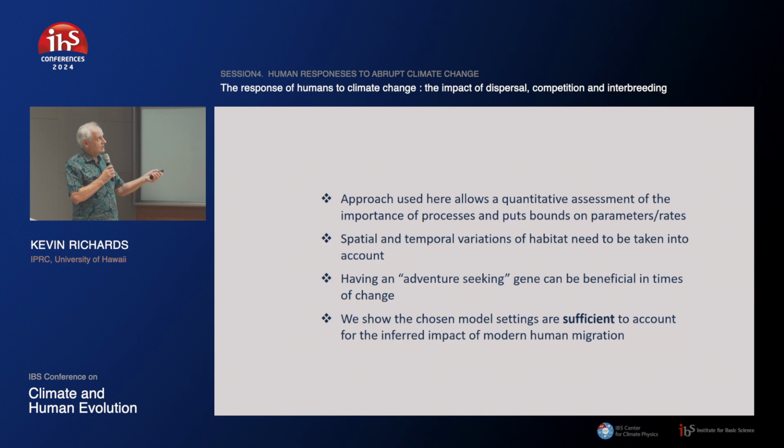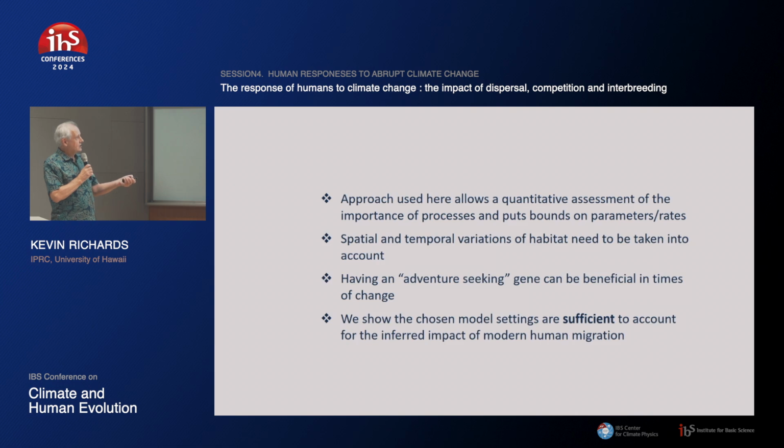We haven't really looked at it, but having an adventure-seeking gene can be very beneficial in times of climate change, and in particular if we get a front between two populations. The dynamics of that front depend critically on whether or not one or more of the populations have this adventure-seeking gene.